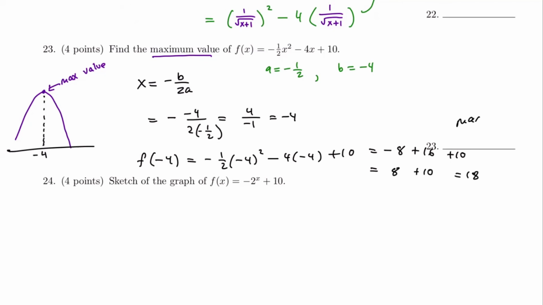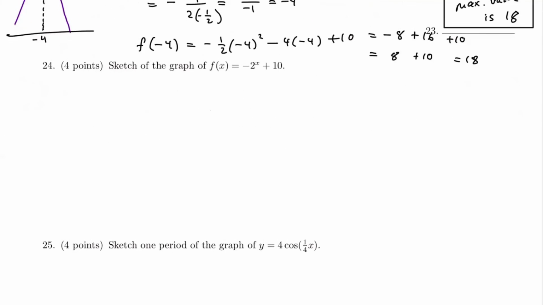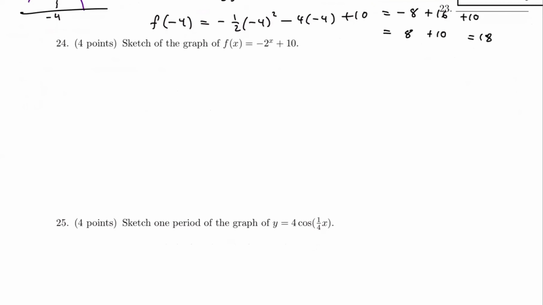So our maximum value is 18. And it occurs at x equals -4, but we don't need that. We just want the value. Value means we want the y coordinate of that maximum point. Okay, moving on to the next problem, 24.